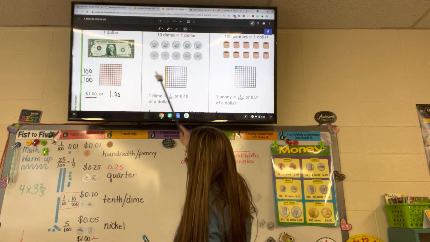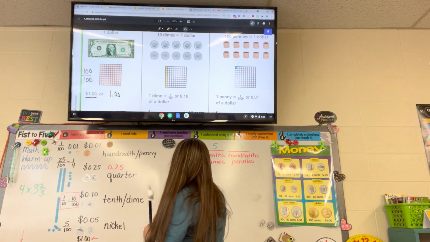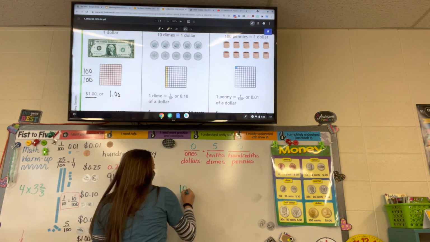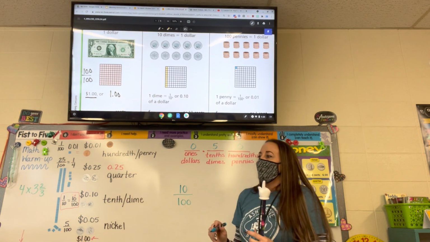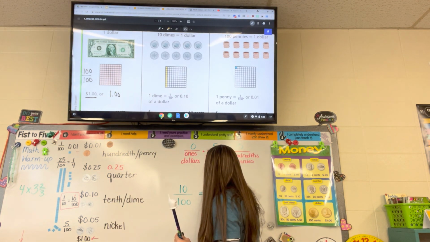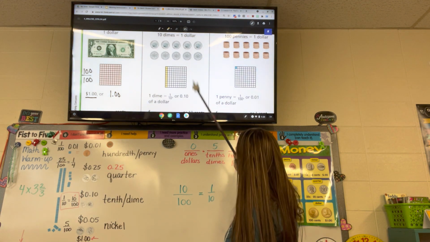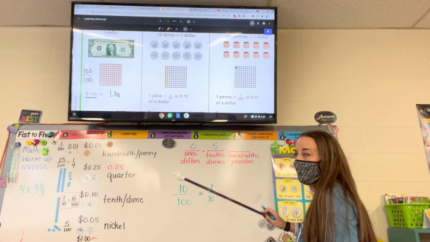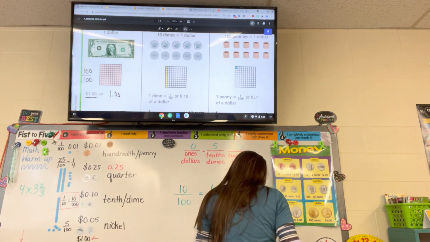Now, if we were looking at that as 10th size pieces, then the fraction for a dime would be 10 hundredths, right? But we can also write that as 1 out of 10, right? Because it takes 10 dimes to equal a whole dollar. So if we use 10 for our whole amount and we had 1 dime, that would be 1/10.